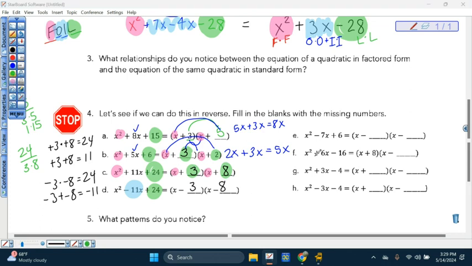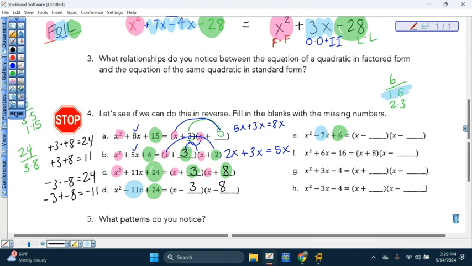Okay. In part E, looking at 6, what are the factors of 6? 1 and 6, or 2 and 3? Which of those pairs is going to get me to negative 7? 1 and 6.